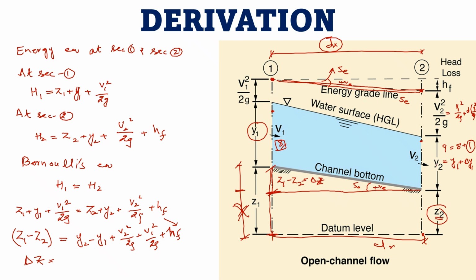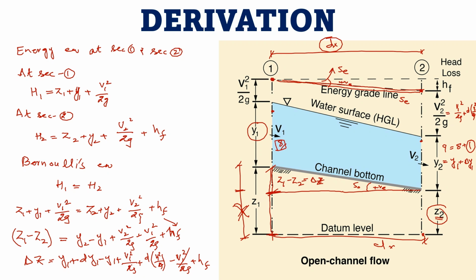So if we write this equation again, Y1 plus dY1 minus Y1, plus V1 square over 2G plus the differential of V1 square over 2G minus V1 square over 2G, plus HF.